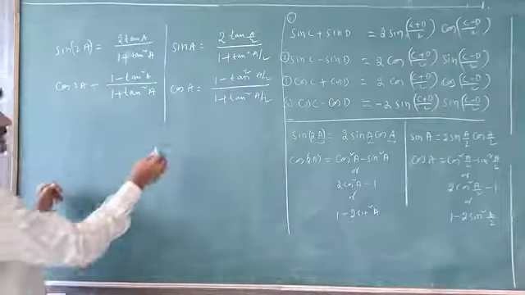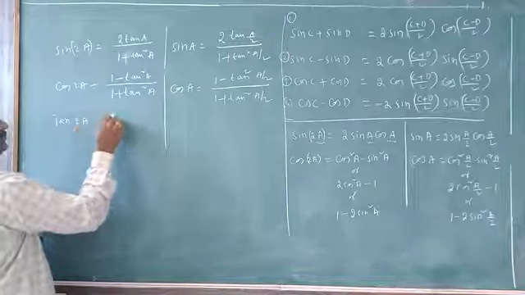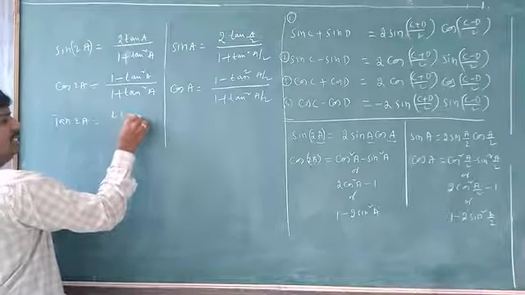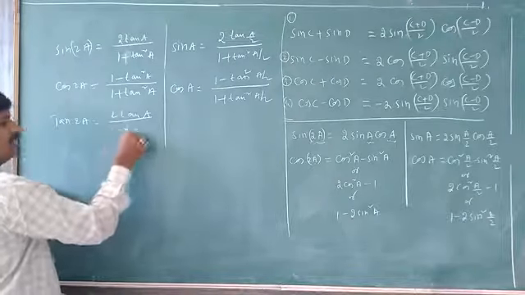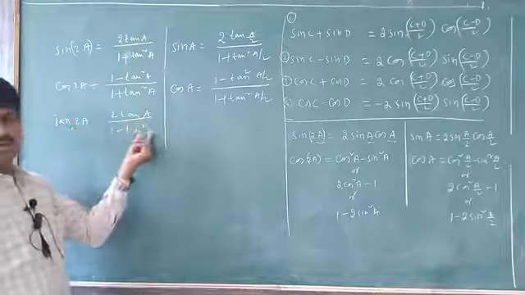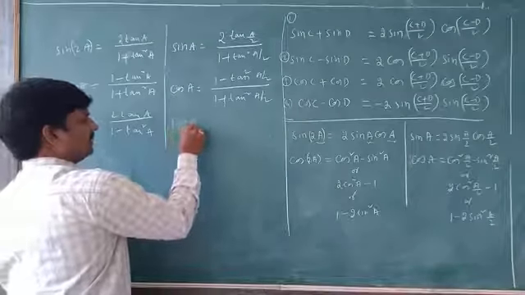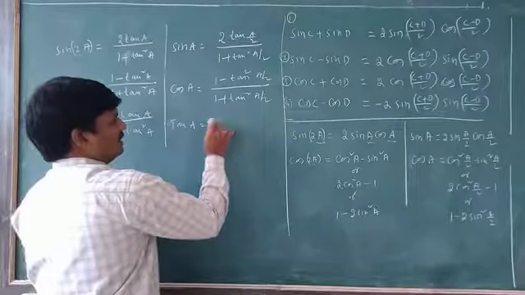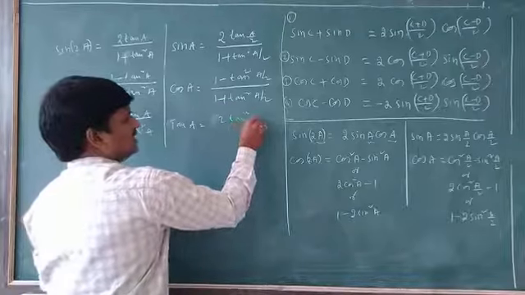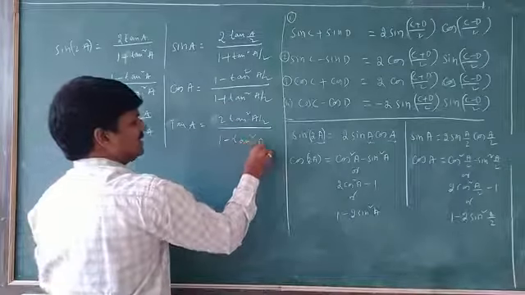Okay, so same like this, the tan 2a formula is 2 tan a by 1 minus tan square a. Here 2a is there, a you got. Same like this here also, the tan a formula, what is that one? 2 tan a by 2 by 1 minus tan square a by 2.